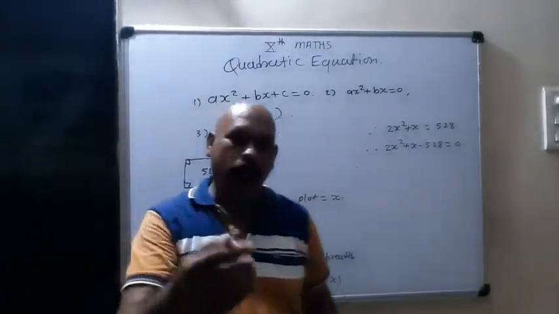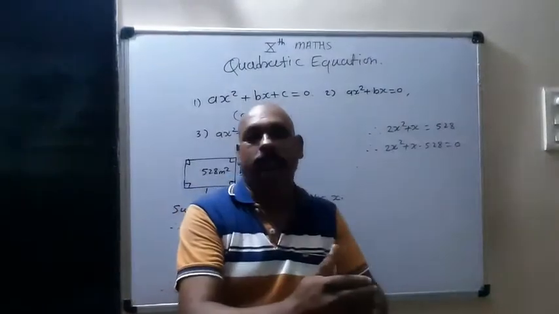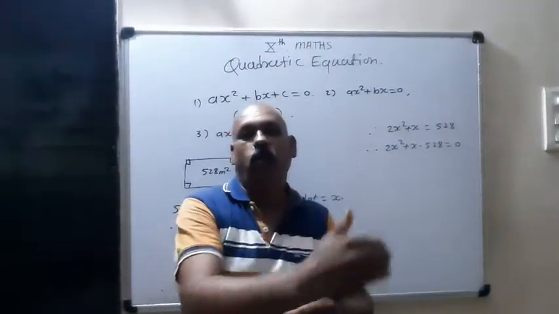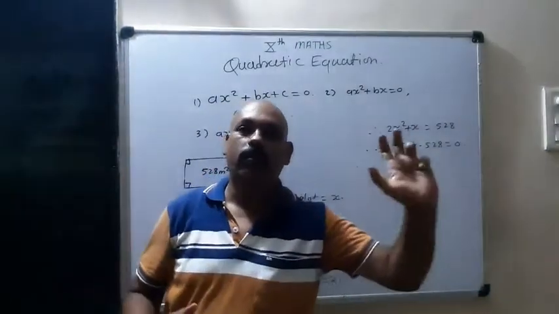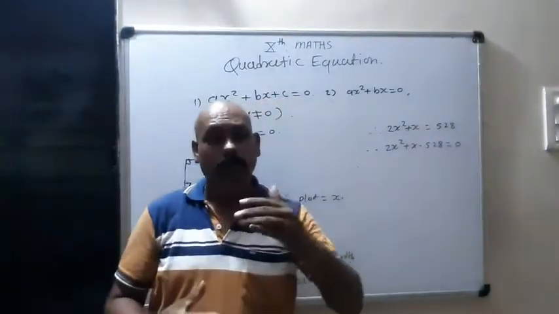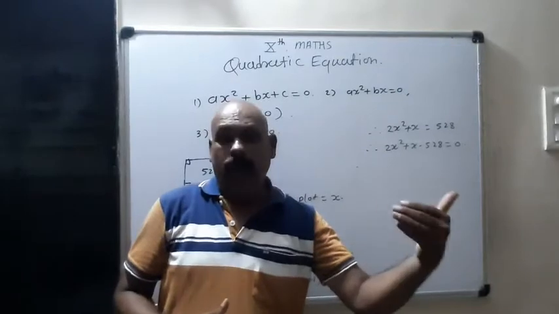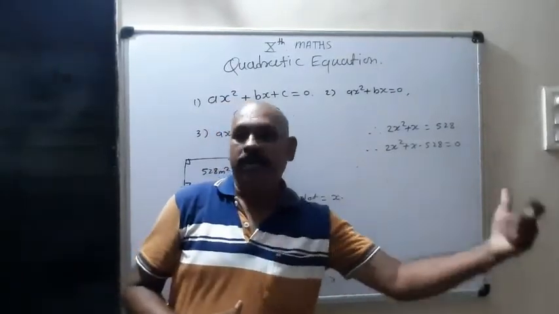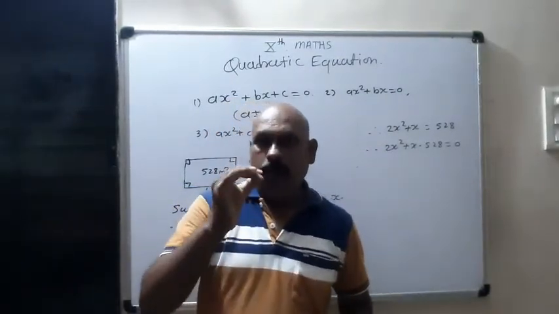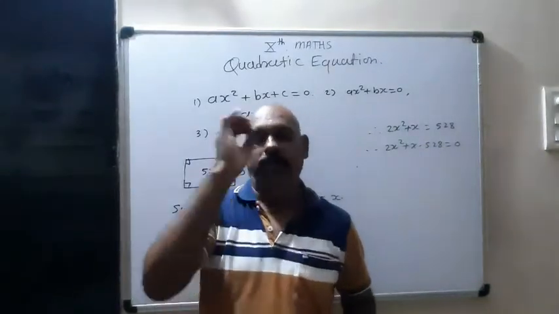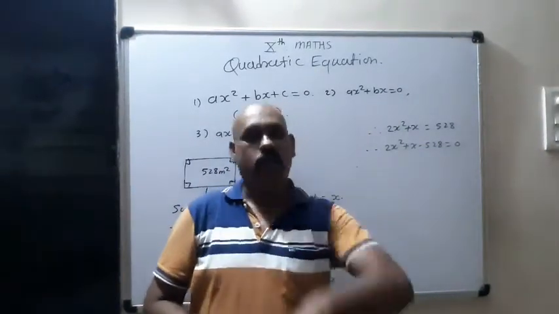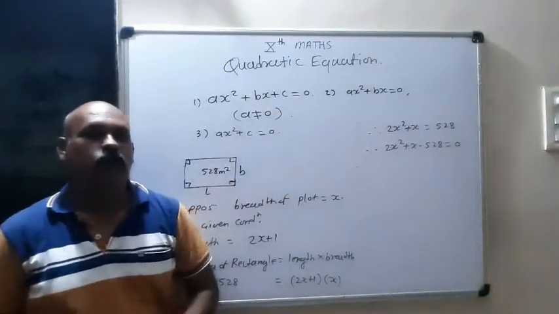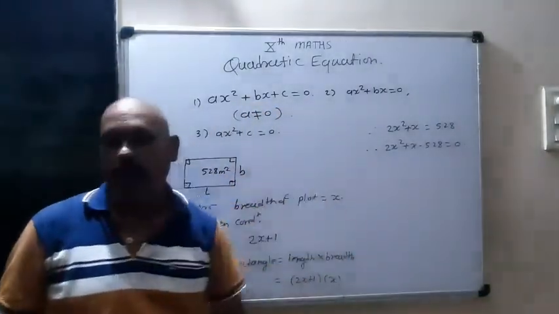Then we come to the question: what is the solution of a quadratic equation? How can we find the solution of a quadratic equation, or, to say another word, the roots of the quadratic equation? The value of the variable which satisfies the given quadratic equation, we say, is the solution of that quadratic equation.